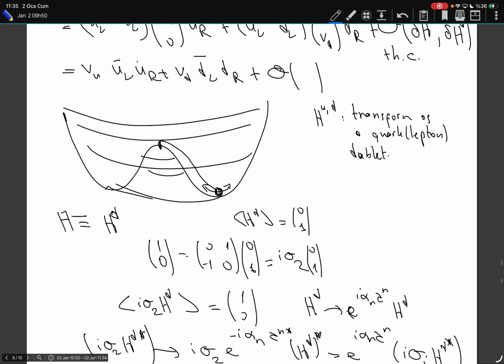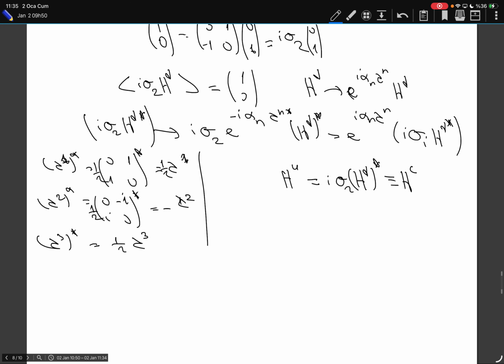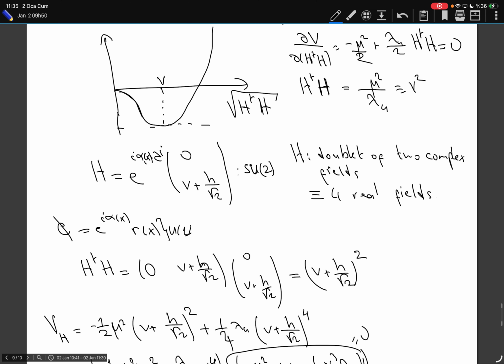So in this case, you will get one massive case corresponding to radial excitations, and one massless case corresponding to angular excitations. Basically the same idea applies here. We have one massive field in the radial excitation and three massless fields in the angular excitations.